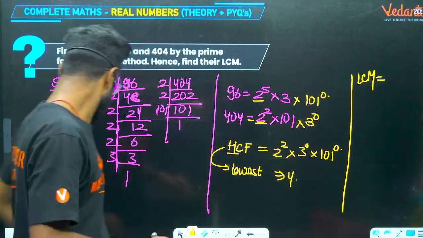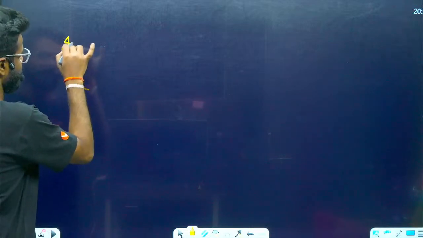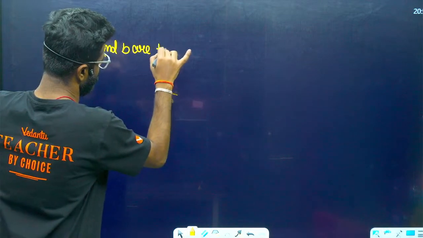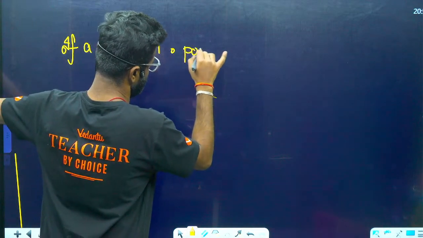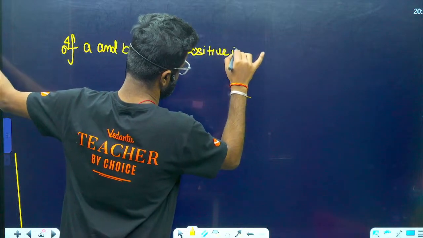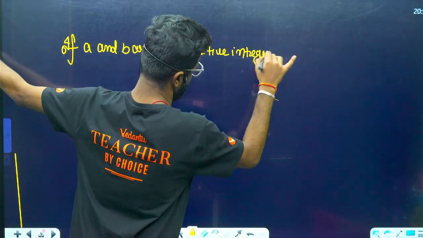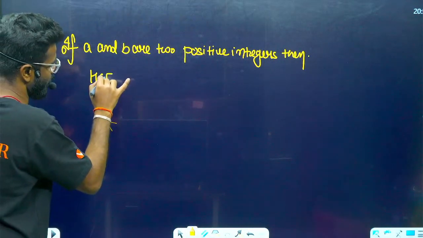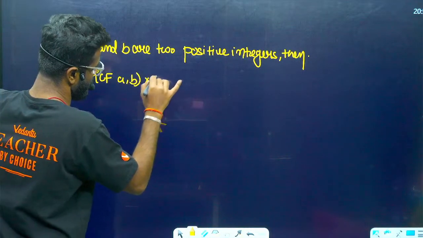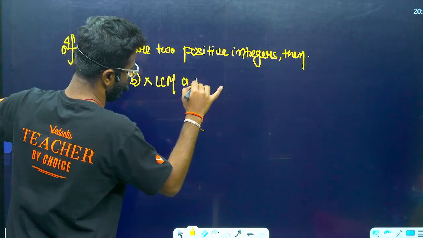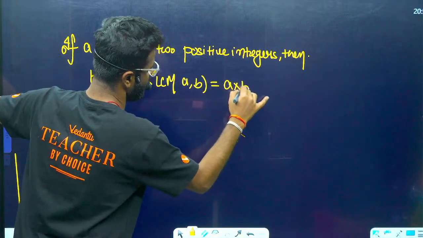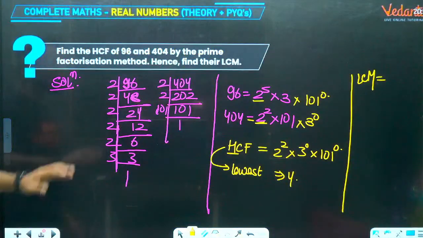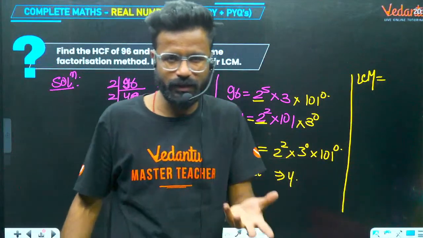The relation is: if A and B are two positive integers, then HCF of A and B into LCM of A and B is equal to the product of the two numbers, A cross B. This question also satisfies the relation.